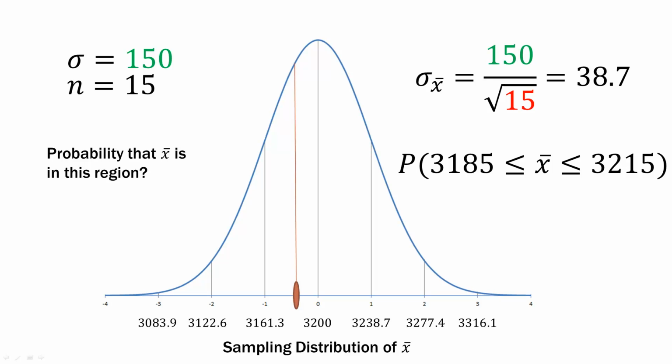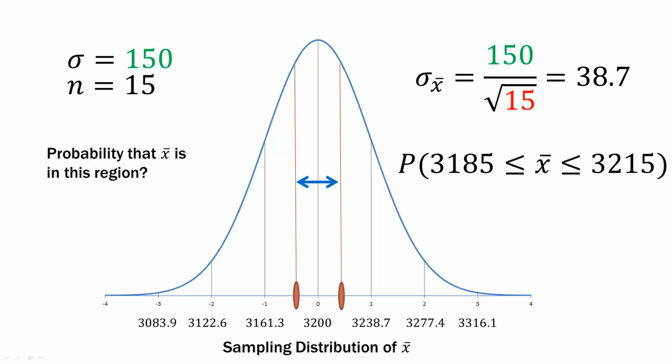So 3185 is about there. If you go over a little bit from 3200, the next stop is 3161, so 3185 is about right there. I eyeballed it, but it's really not important to be exactly on that. So let's go ahead and do 3215, and it's about right there.